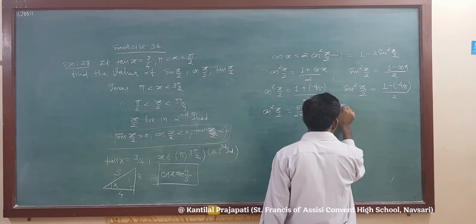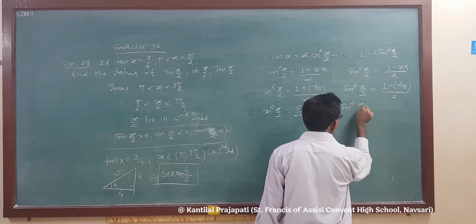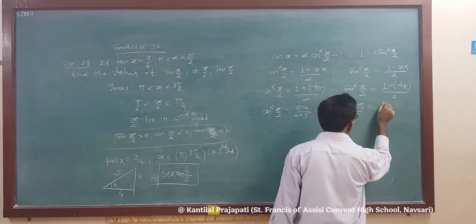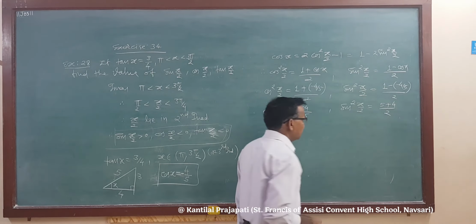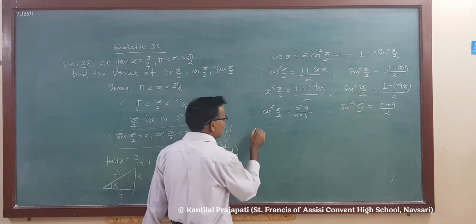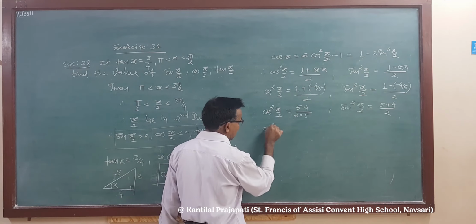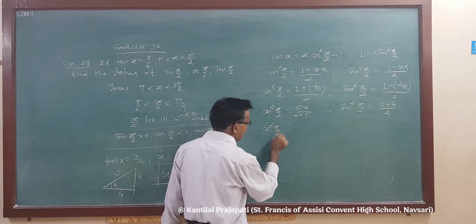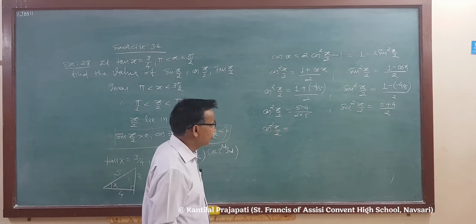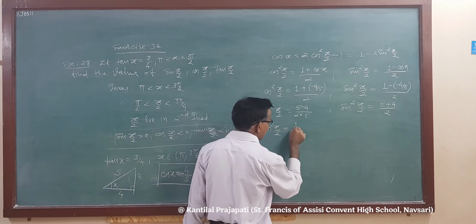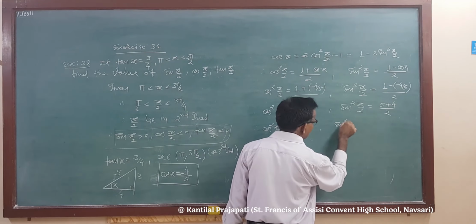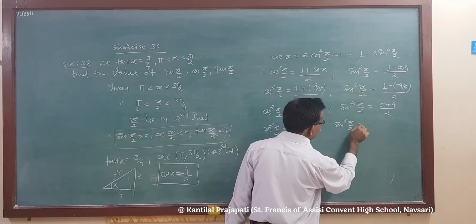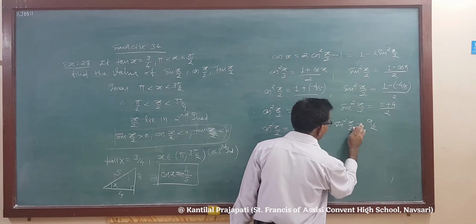And here we get sin square x by 2 is equal to 5 plus 4 by 2. Right, and therefore cos square x by 2 is equal to 5 minus 4 is 1 upon 10. And here sin square x by 2 is equal to 9 upon 2.